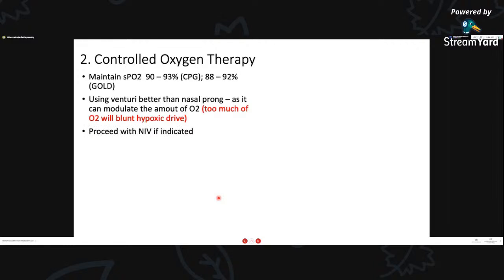Of course, if that doesn't work, then we need to proceed with non-invasive ventilation, which includes either CPAP or BiPAP. Common questions by lecturers: what are the differences between these two? CPAP, continuous positive airway pressure, means that throughout the cycle of respiration, both inspiration as well as expiration, there will be a constant pressure exerted on the patient.